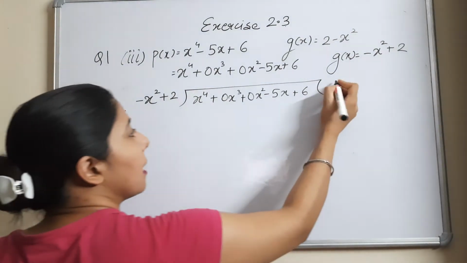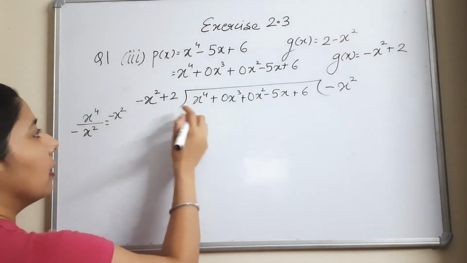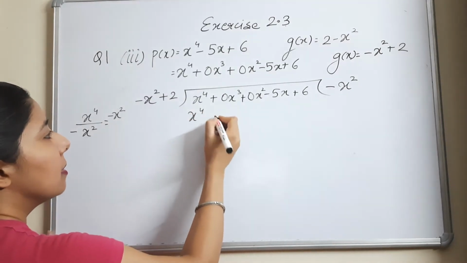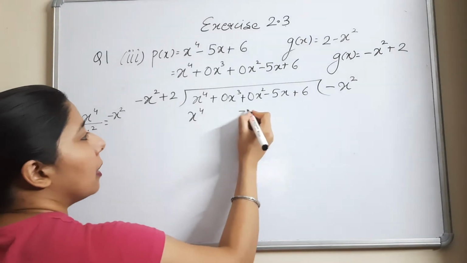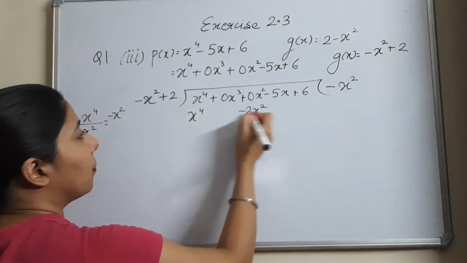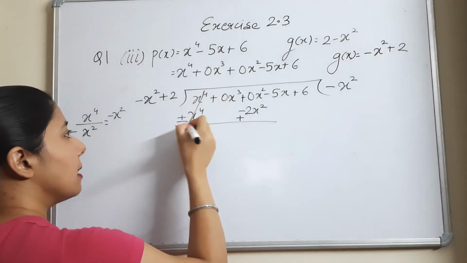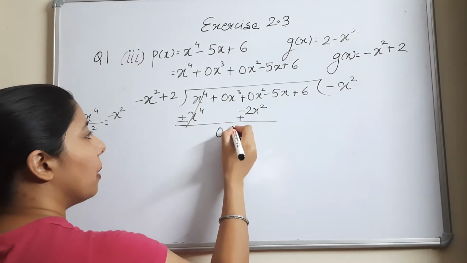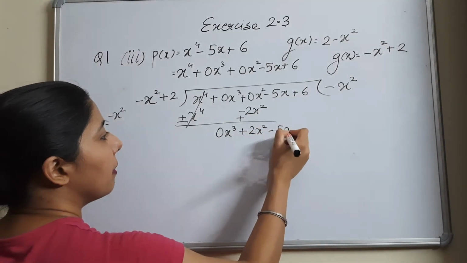So write minus x² as the first term here and multiply minus x² here, and you get minus 2x². So write the x² term below the x² term this way. Now change the signs, cancel it out, and you are left with 0x³ plus 2x² minus 5x plus 6.